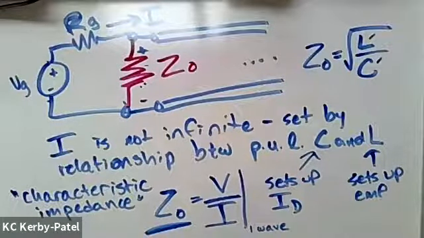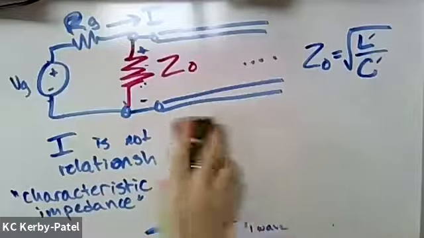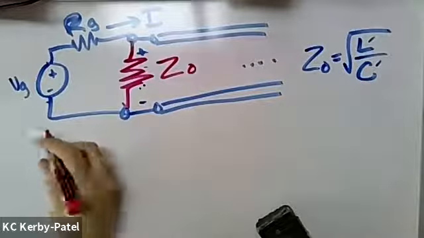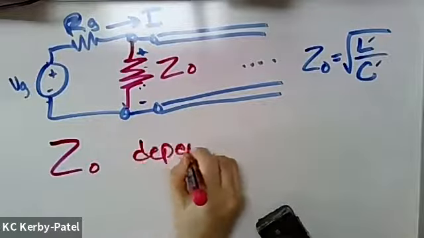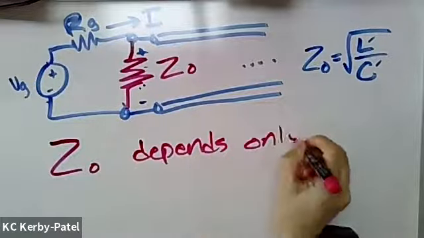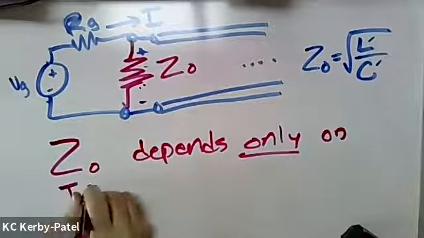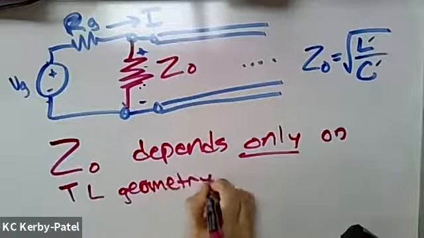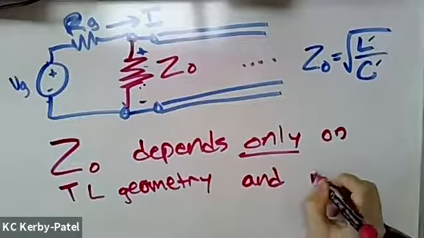So actually, this is an interesting property of characteristic impedance. Characteristic impedance depends only on the geometry of the transmission line, meaning its dimensions, and its materials.